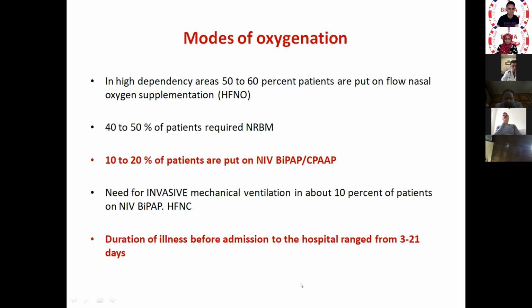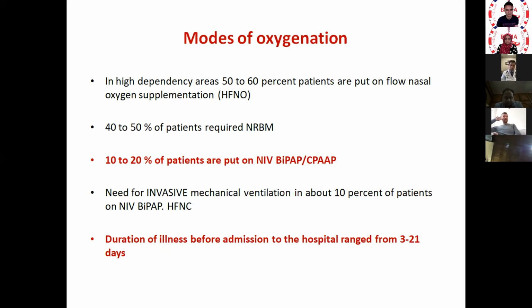What we have been observing is that the duration of illness before admission to the hospital or to our intensive care unit is slightly prolonged compared with the first wave. During the first wave, there was a different spectrum that used to come to the hospitals.